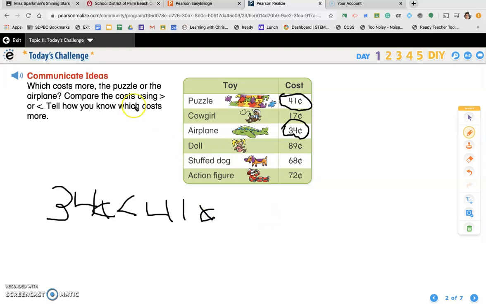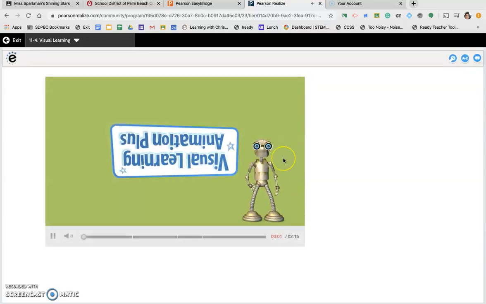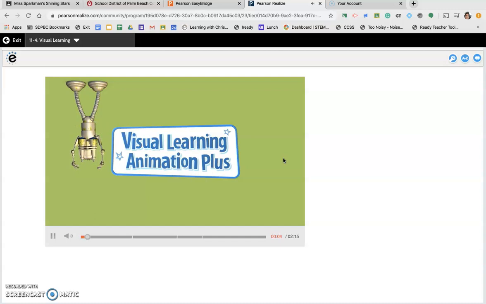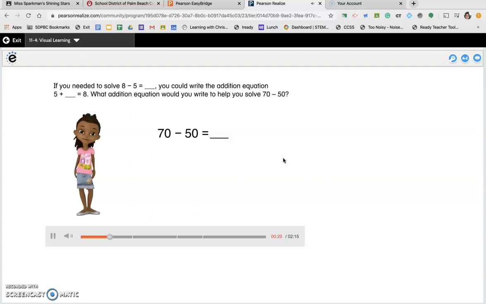Okay, let's move on to our visual learning. You can use addition to help subtract tens. Find 70 minus 50. If you needed to solve 8 minus 5 equals, you could write the addition equation 5 plus blank equals 8.